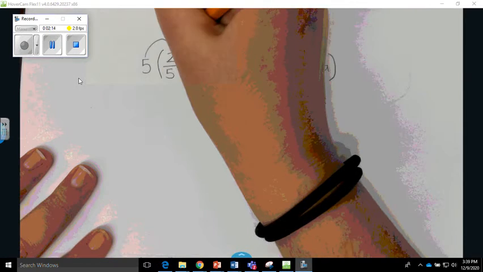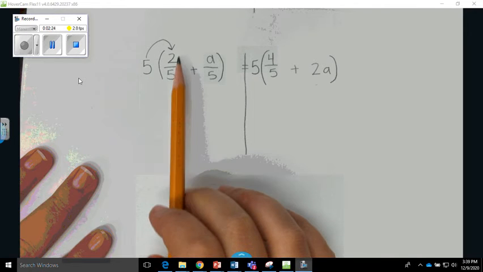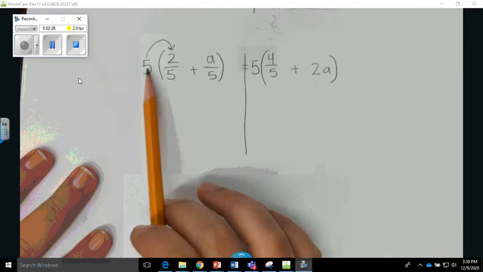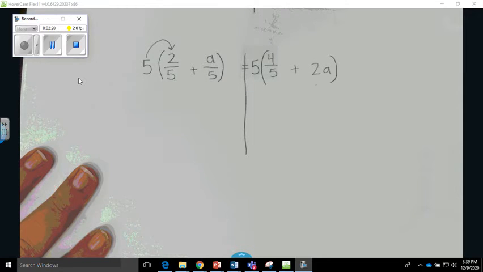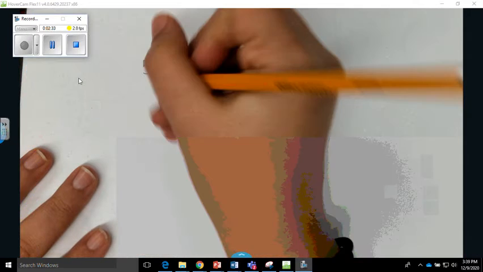So 5 times 2/5. Well, 2 divided by 5 times 5, that would just be 2. See, when you divide anything by a number, and then you multiply it by the same, it's just undoing your work. So 2/5 times 5 is just 2.